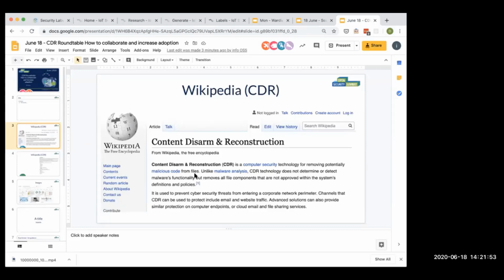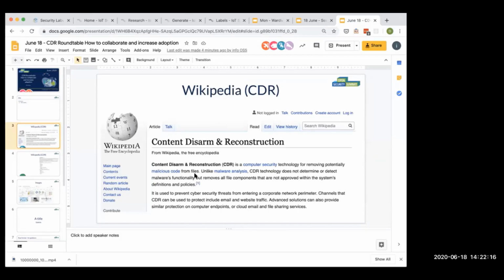I was just going to say the second paragraph where it talks about the channels being email or website traffic. That seems to be quite limited and quite specific. Why are those the only channels that we could potentially protect from file? It's file protection, it's document protection, right? It just seems a bit limited in its application.